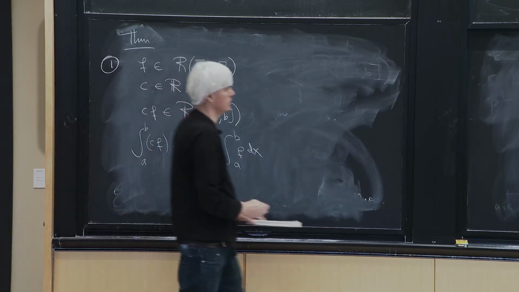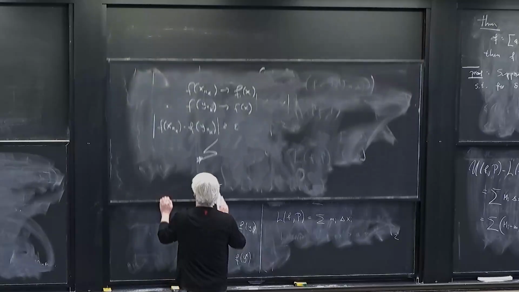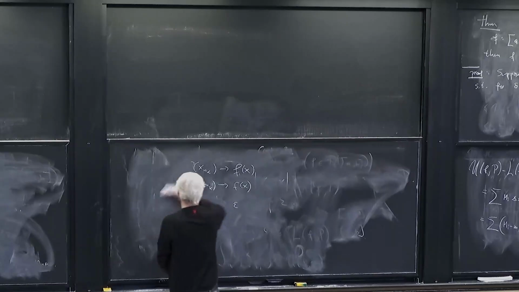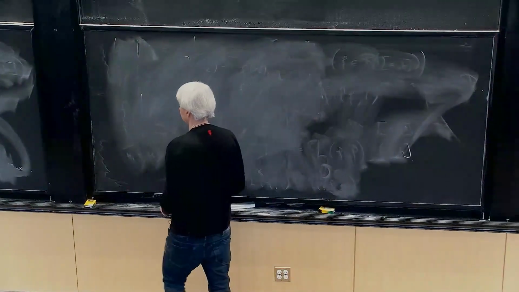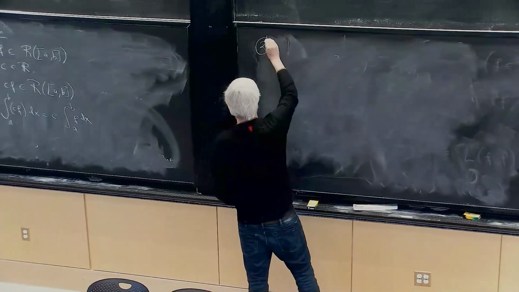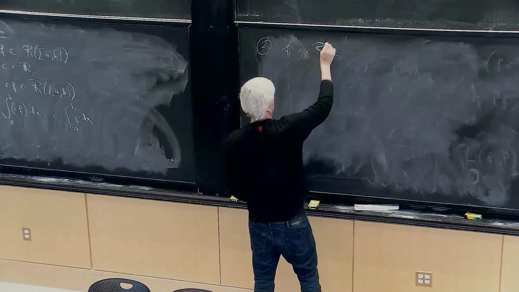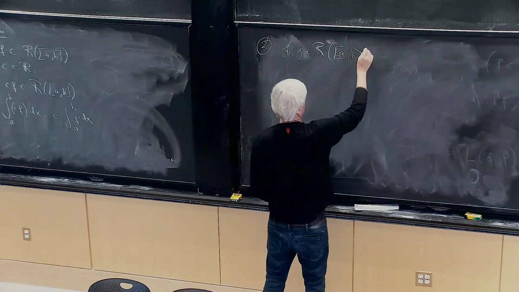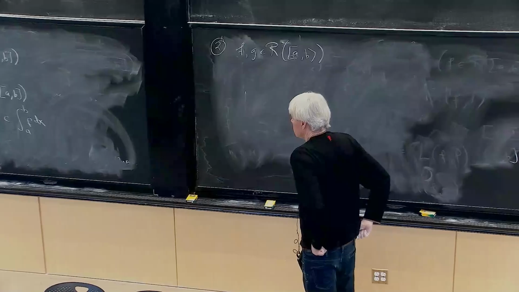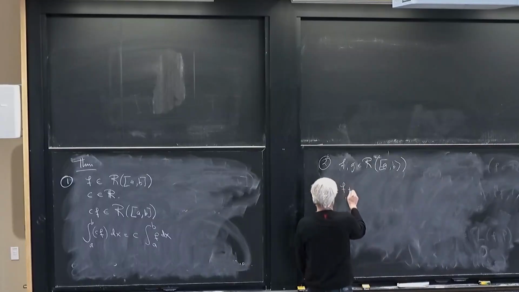The next one is that if you take two functions f and g that are Riemann integrable, now let's look at the function that is the sum of these two.